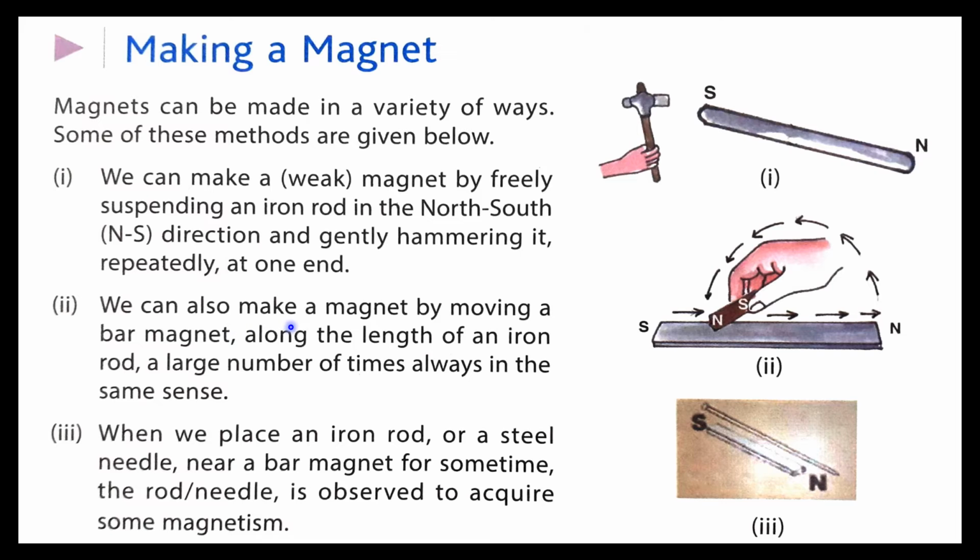We can also make a magnet by moving a bar magnet along the length of an iron rod a large number of times, always in the same sense.